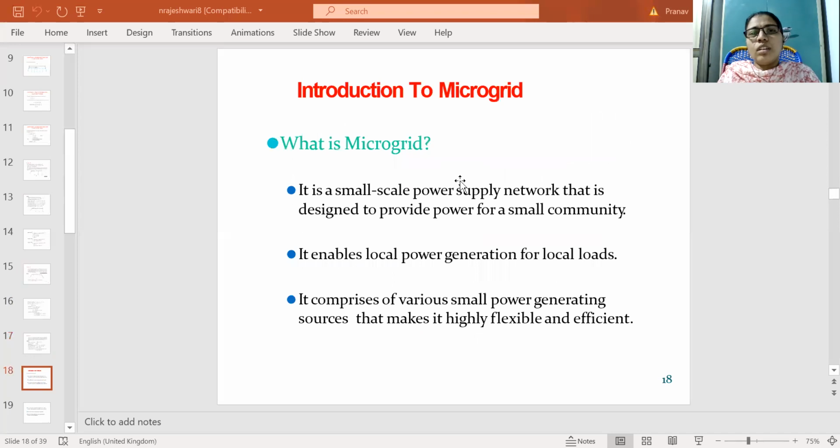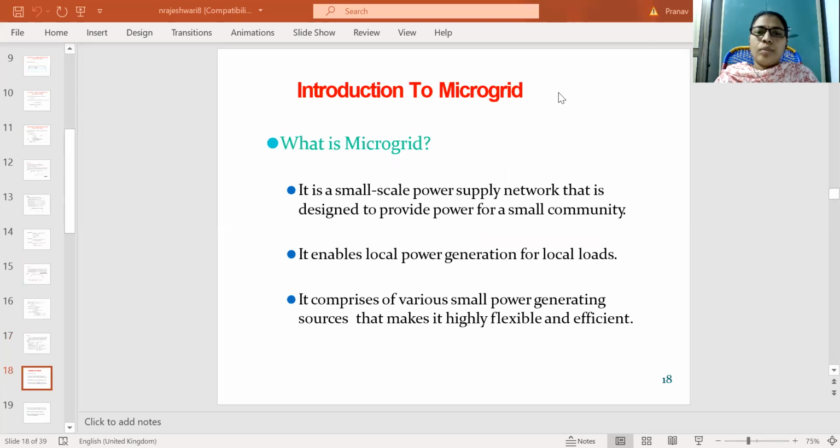Next, coming to the microgrid, the introduction of microgrid. First we have to know what a microgrid is. The microgrid is a small scale power supply network that is designed to provide power to a small community.